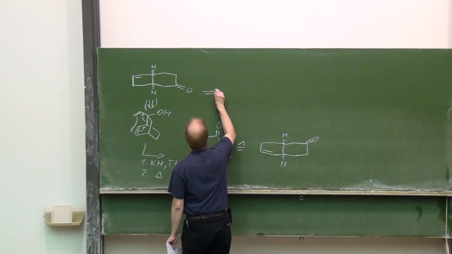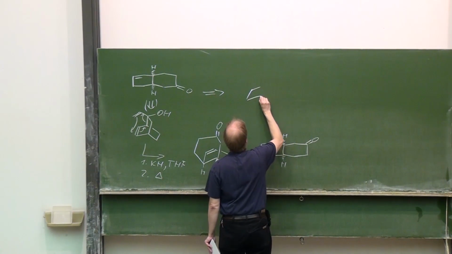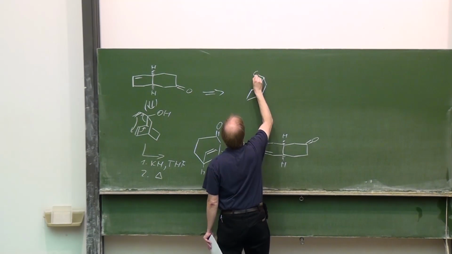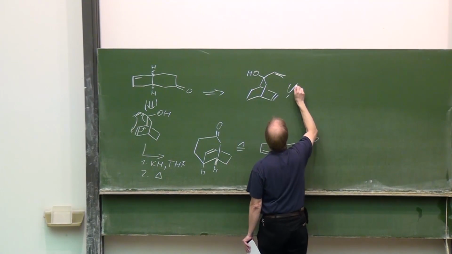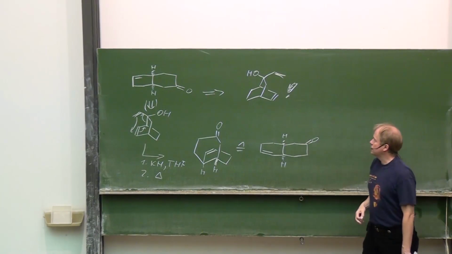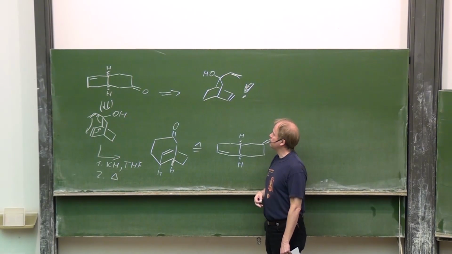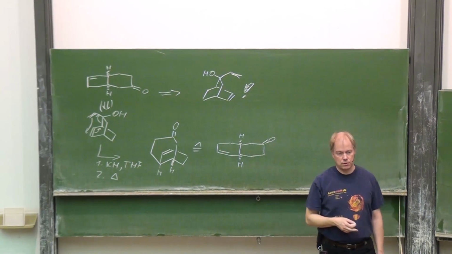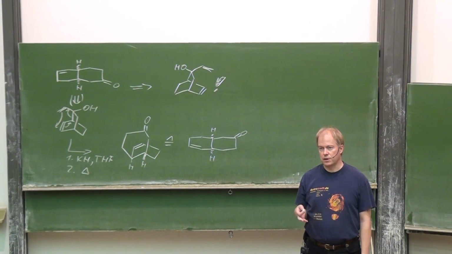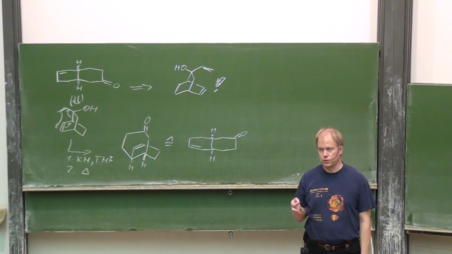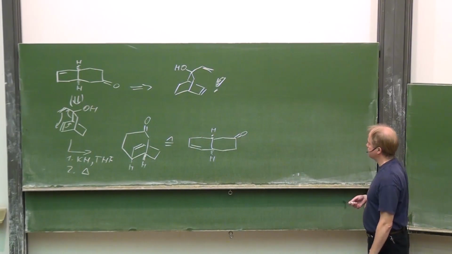So we need the mirror image. And in order to get to this substrate, we should consider using, for instance, chiral Lewis acids for an enantioselective Diels-Alder reaction. That would be the solution to the problem.